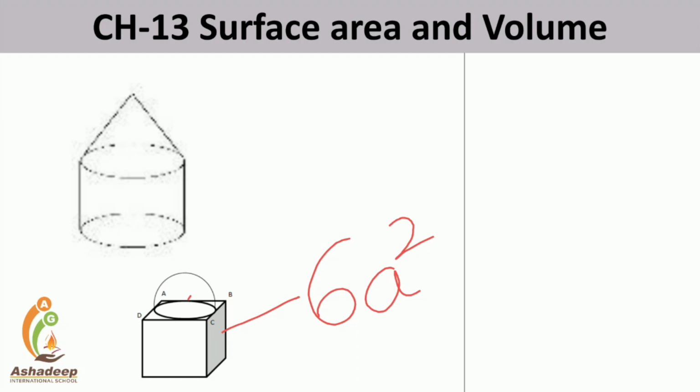Now see, this surface is covered by the hemisphere, so that is not seen, right? That cover is not seen, but this surface, these 4 corners are seen, so we need to consider that.